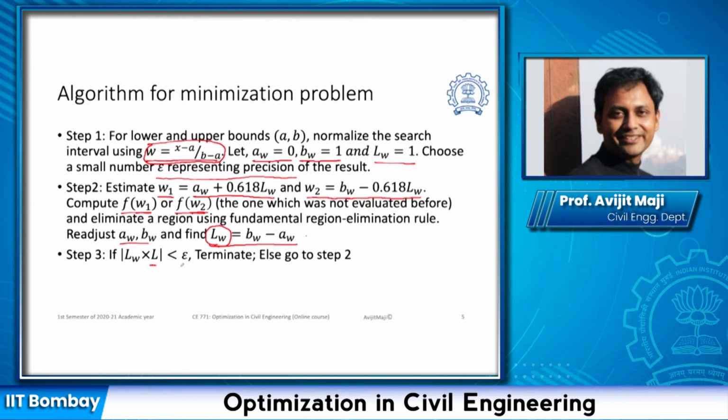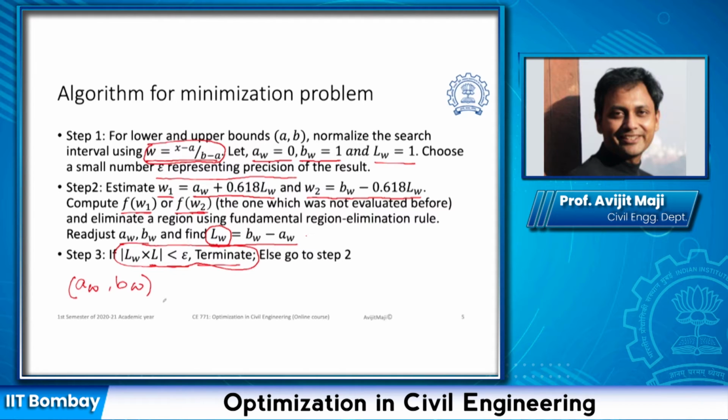If that is less than the precision value, we can terminate, or else we go back to step 2 and repeat the process till we reach this condition and terminate. And once we terminate, we report the upper and the lower boundary, AW and BW, as the boundary within which the optimum solution is going to lie.